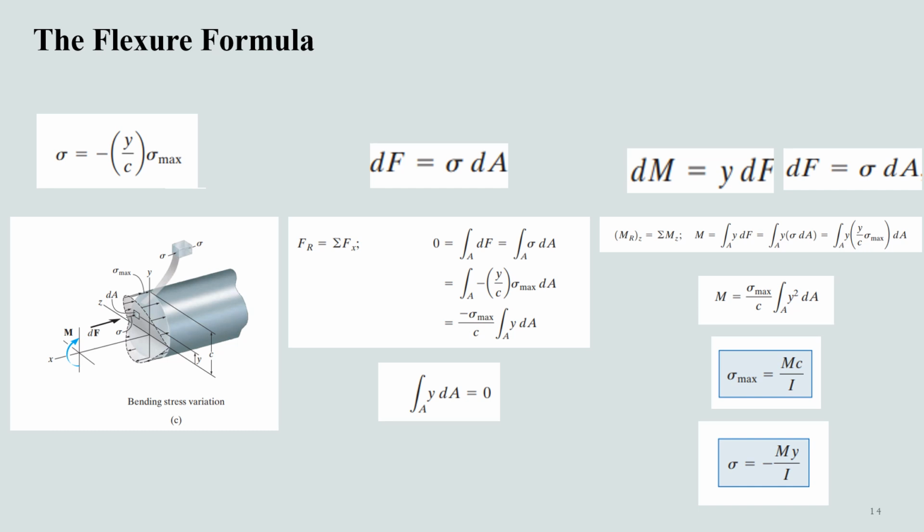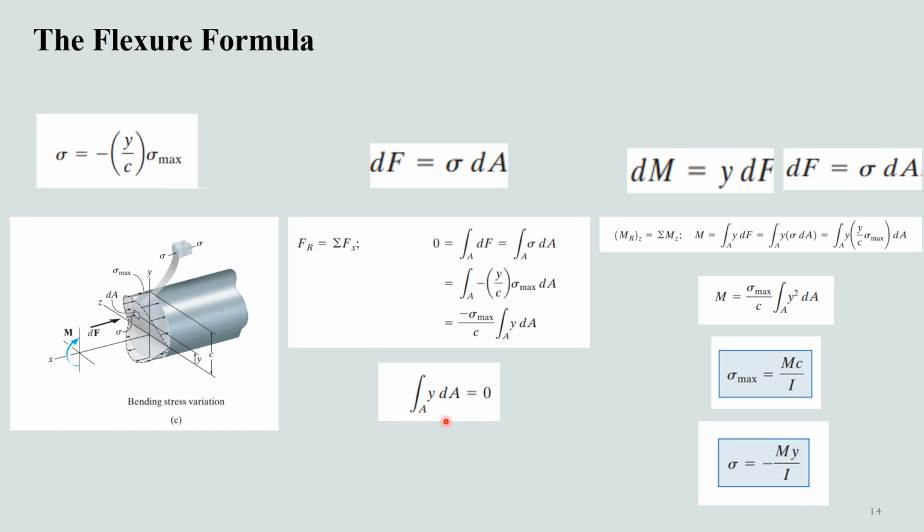What we are trying to say here is that the first moment of the member's cross section about the neutral axis must be 0. This condition can only be satisfied if the neutral axis is also the horizontal centroidal axis for the cross section.